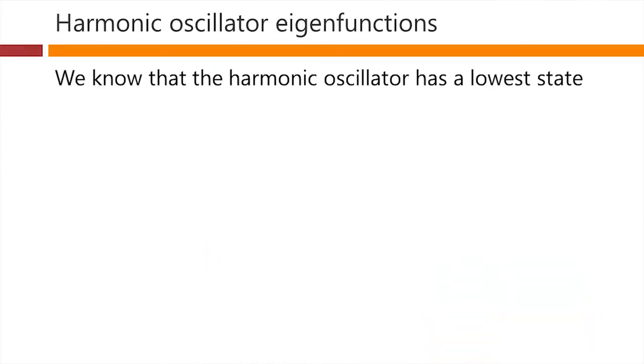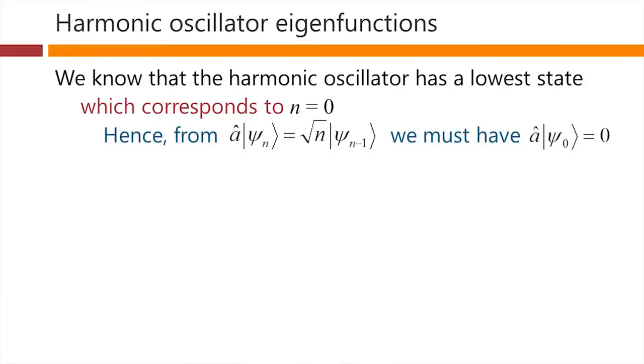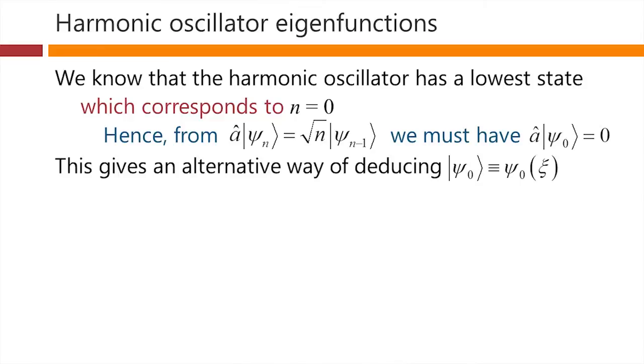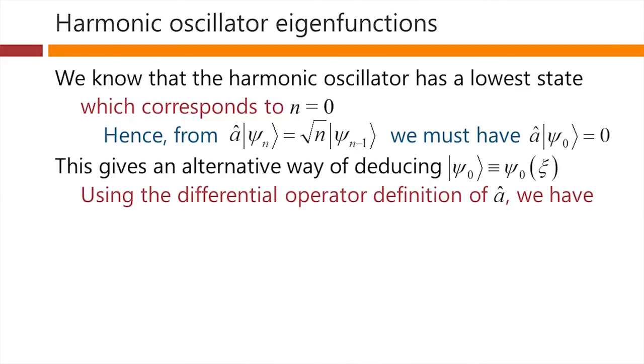Now, we know that the harmonic oscillator has a lowest state, and that corresponds to n equals 0. Hence, from this relation that we've just derived, we must therefore have that the annihilation operator operating on that lowest state simply gives us 0 because the square root of 0 is 0. This gives us an alternative way of actually deducing what the lowest energy eigenstate actually is, and we could write it again in its form psi 0 of xi.